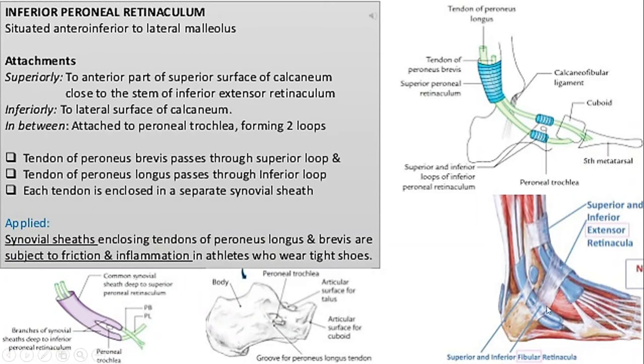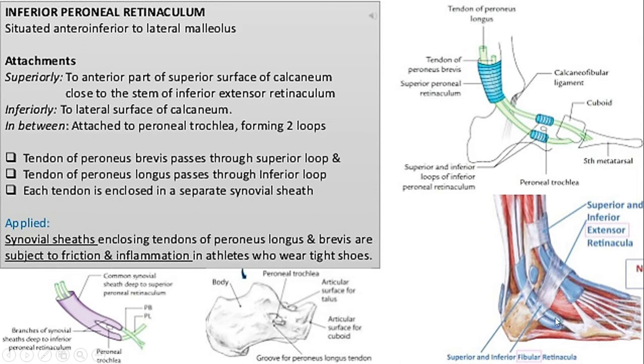Inferior fibular retinaculum is attached from the anterior surface of calcaneum to the lateral surface of calcaneum. Here you can observe that the tendons of fibular muscles are passing above and below the peroneal trochlea under cover of this retinaculum, and there is a septum passing from this retinaculum deep and is attached to the trochlea of calcaneum. So it is going to divide this space into two compartments for the two tendons.